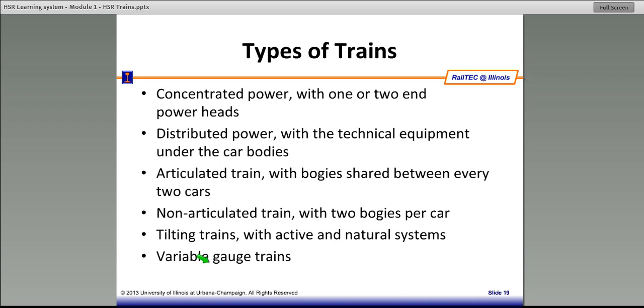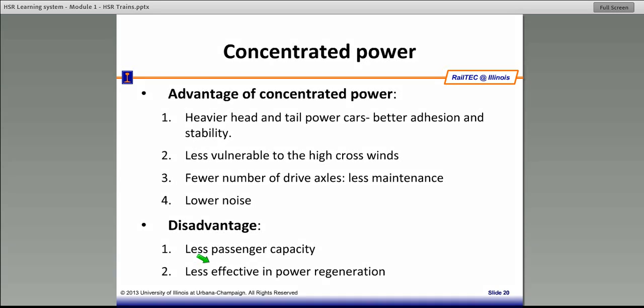So the bogie had to be able to change the gauge, and there is this type of variable gauge train. But this now is not very common. We will not spend the time today on this subject. Okay, so with this, we know the different types of train. Let's try to see what are their advantage and disadvantage.